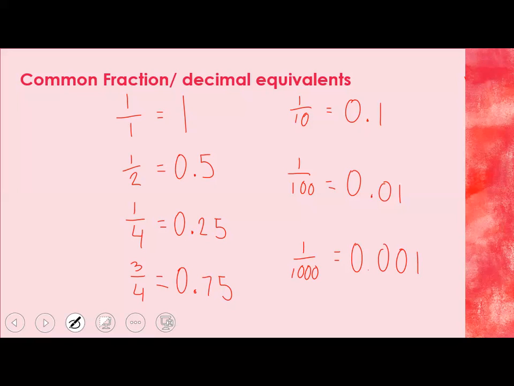Now, obviously, we don't just want to memorize things just for the sake of it, but remembering these fraction decimal equivalents is really going to help us with all sorts of things in life, including fractions, decimals, percentages, distances, measurements, times.